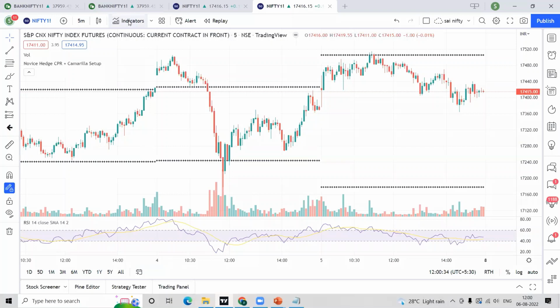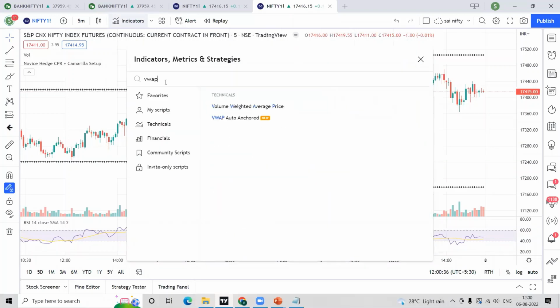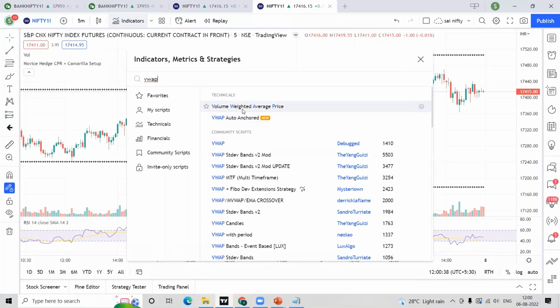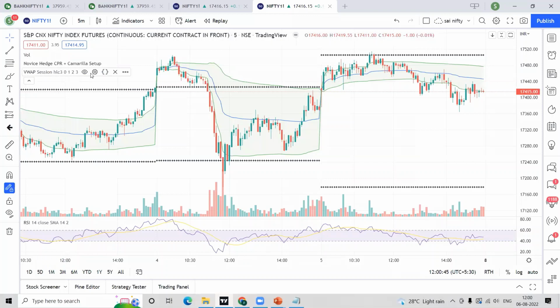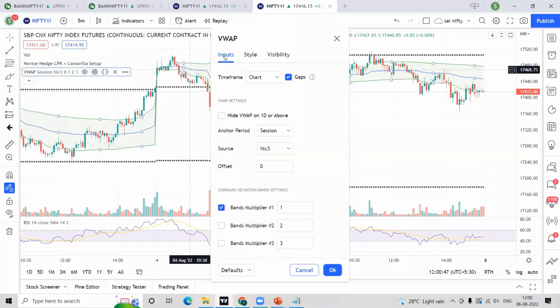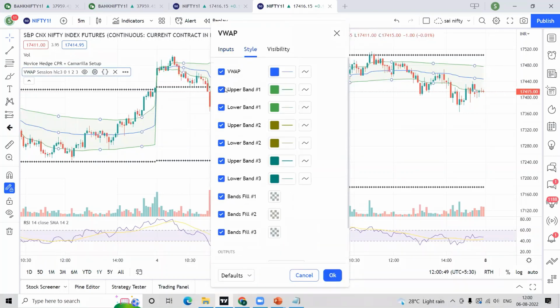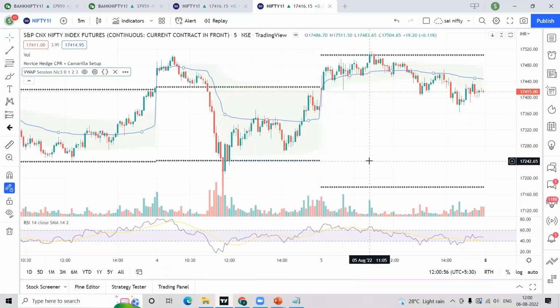I am going to use another indicator, VWAP. This blue line is the VWAP.